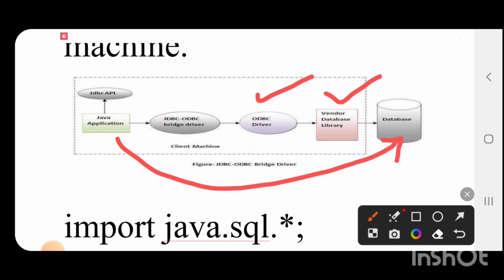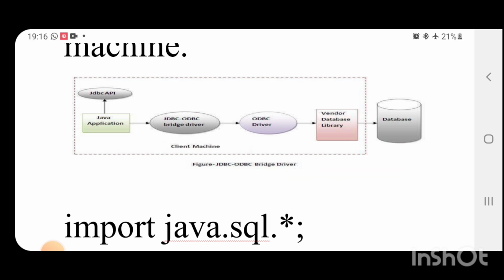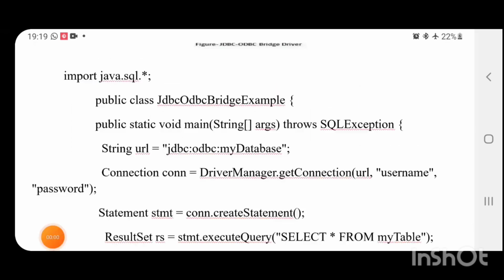After Java 8, nowadays it is mainly not used. Okay, it has many disadvantages, because each and every client machine should have the ODBC driver enabled, so that's why it is somewhat dependent.